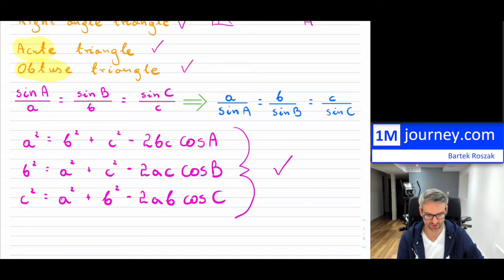So this is the cosine law right here. It's kind of repetitive, and so I put A, B, C for the sides, and then capital A, capital B, capital C. So I did it for all of them, but really you just need one of them, and then you can interchange the letters as you like depending on what information is given.